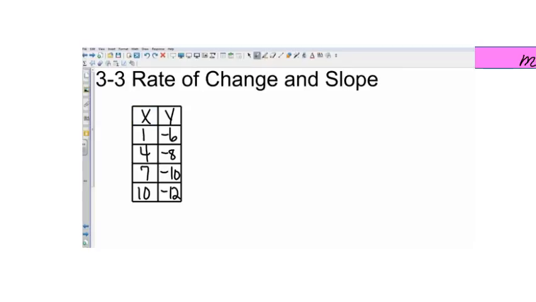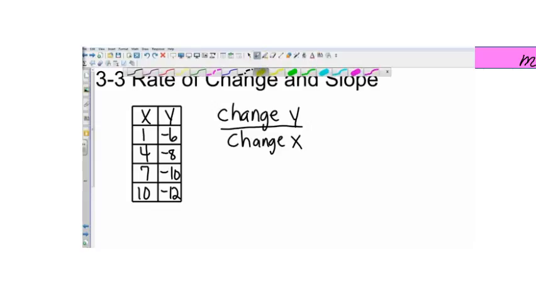Okay, to find out if there's a constant rate of change, we need to find the change in y over the change in x. And we're going to have to compare each individual instance. For example, let's start with this one and this one.